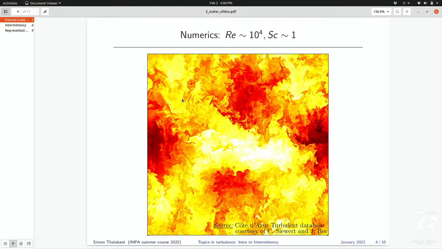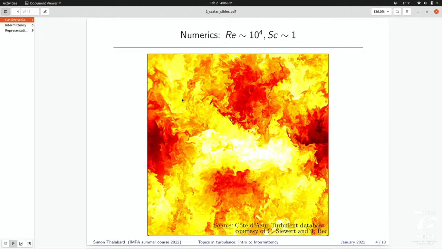This was obtained with the same kind of Reynolds number and a Schmidt equal to 1. And so the color codes the intensity of the scalar. In the same way that we describe turbulence as some kind of organized mess, the scalar in those regimes is also some kind of organized mess, with the exception that it's a scalar quantity.